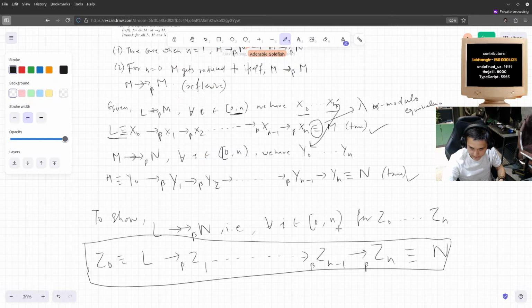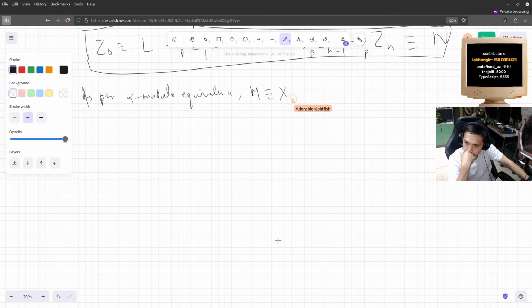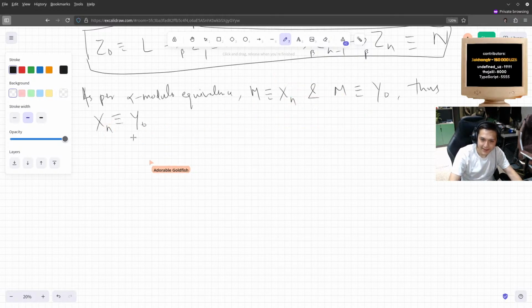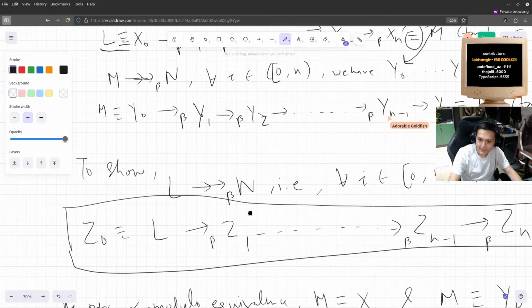So how do we write this in terms of proof? We just say that as per alpha modulo equivalence, M is equivalent to xn and M is equivalent to y0. Thus xn is equivalent to y0. That's the first thing, but we're not done yet.